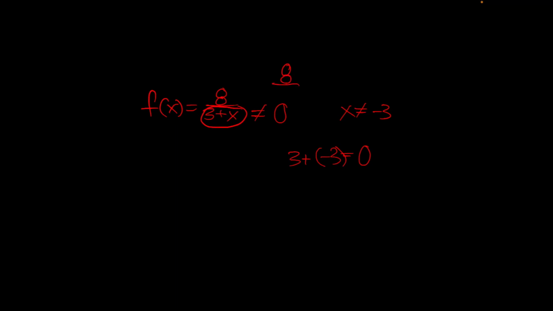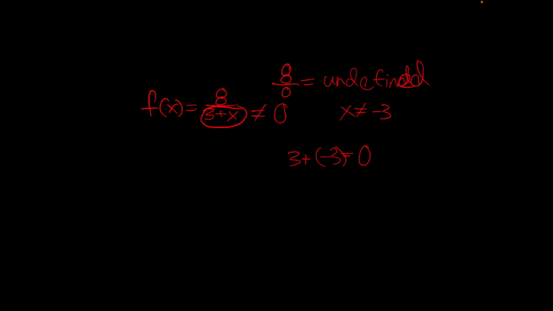Now what if we have a function like f of x equals 8 divided by 3 plus x? Well, we have to set this not equal to 0, which means that x cannot equal negative 3. Because 3 plus negative 3 equals 0. And anything divided by 0, but in this case 8 divided by 0, is undefined.